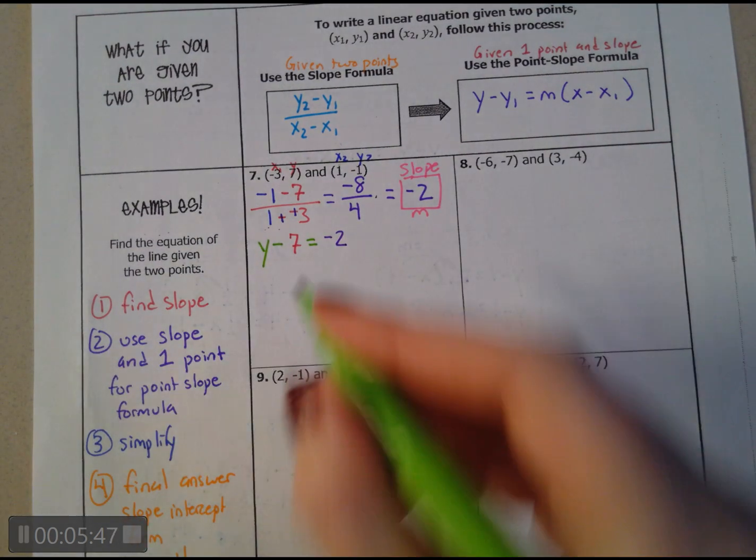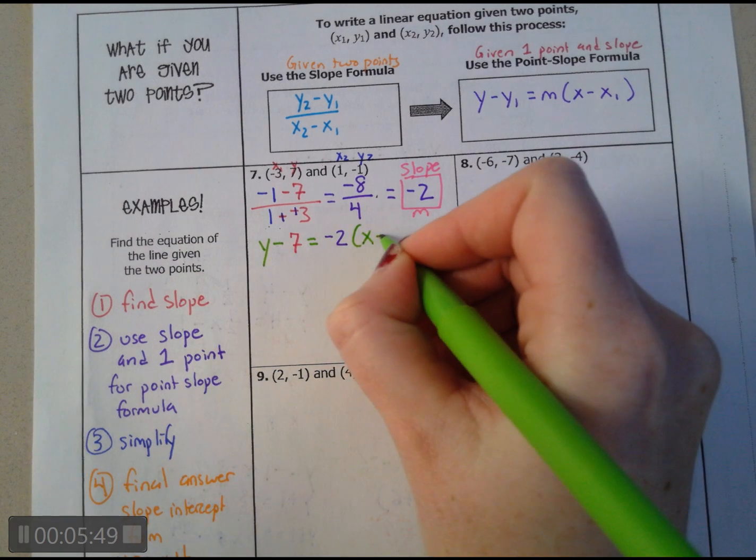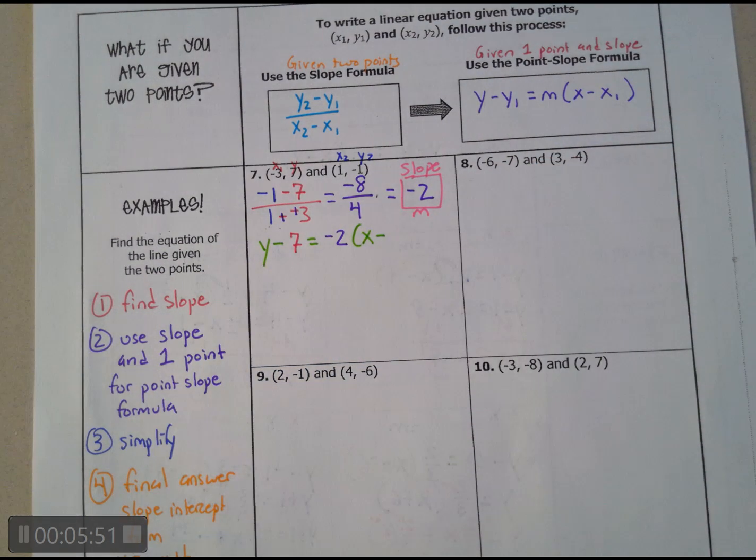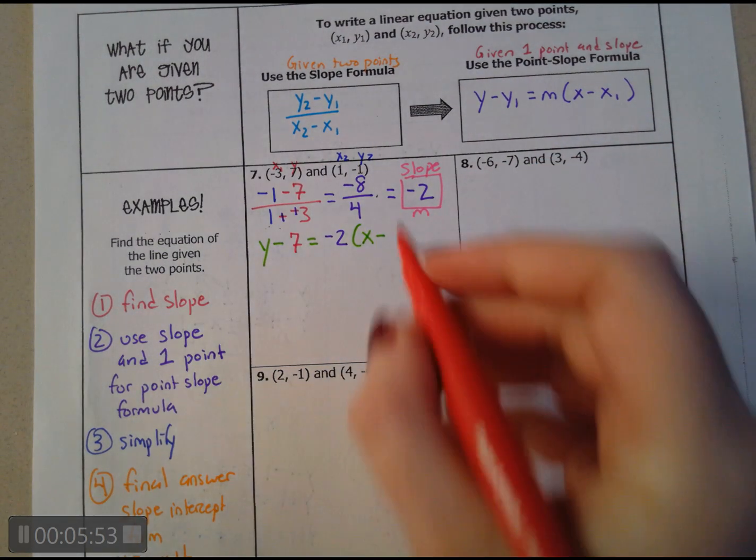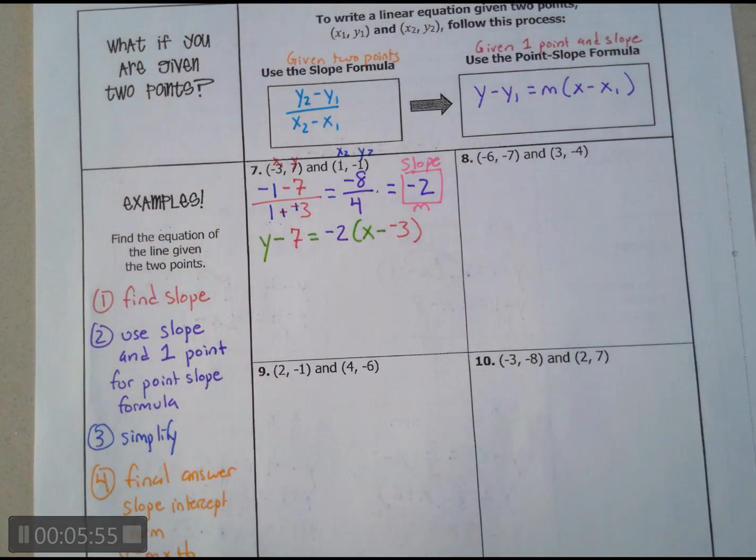And then we have our parentheses and our x minus. And then what's my x1? Good, it's -3. Okay? And this becomes a problem just like we did on the previous page. Okay? So first thing we can do is that double negative inside of our parentheses. That double negative becomes a positive.